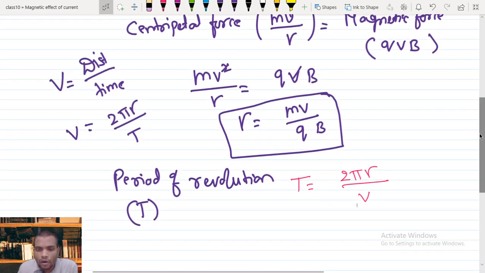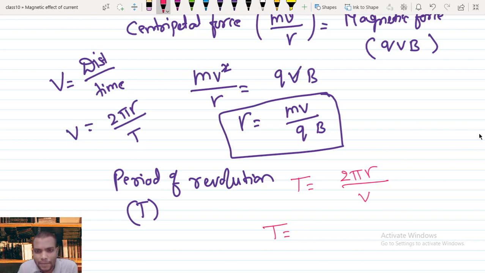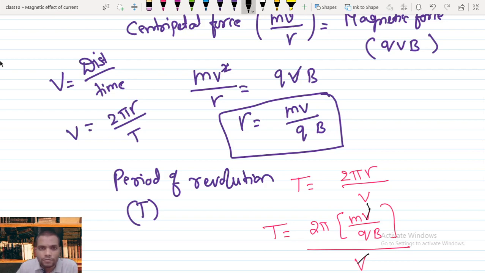Now we already know the value of the radius. Try to substitute that. Time period t equals 2 pi times the radius value, here we got it, mv upon qB, upon velocity v. Now the velocity term gets cancelled in numerator and denominator.